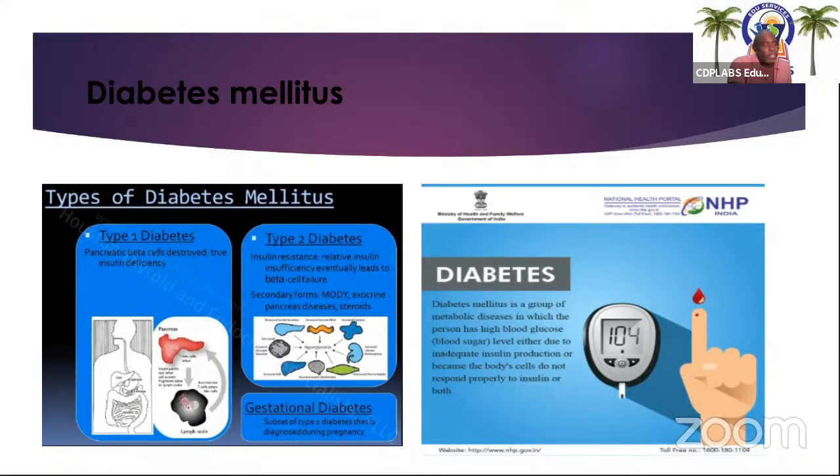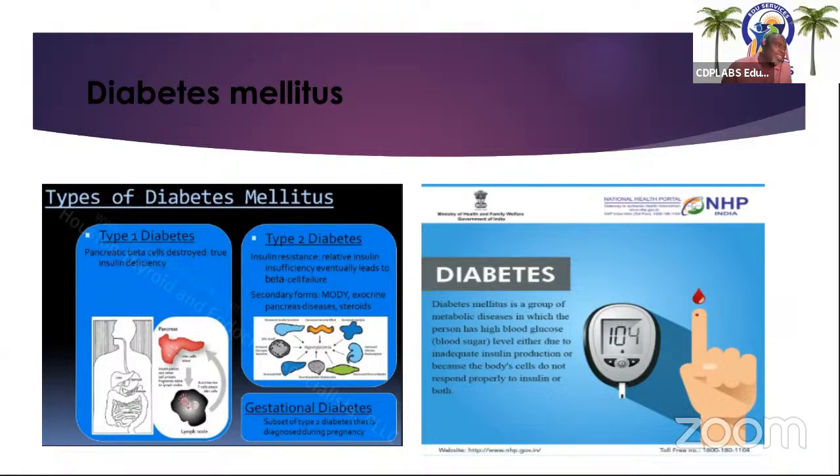Now, type 2 diabetes involves insulin resistance. Even though the insulin was being released, the cell would not accept it. That is where type 2 comes in, which I should have taught you.